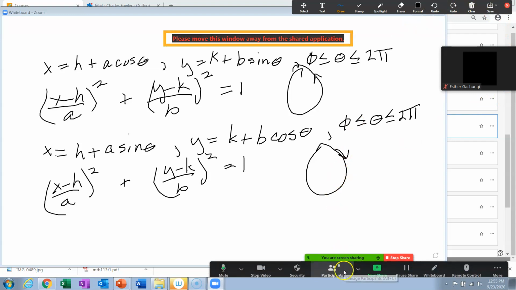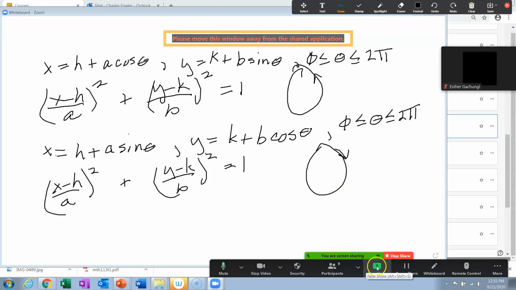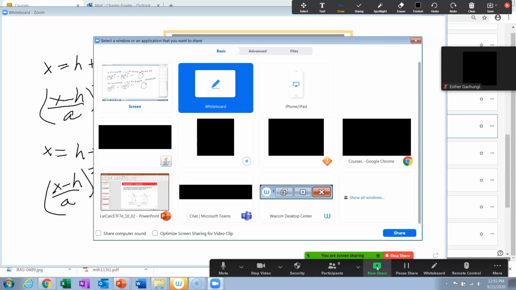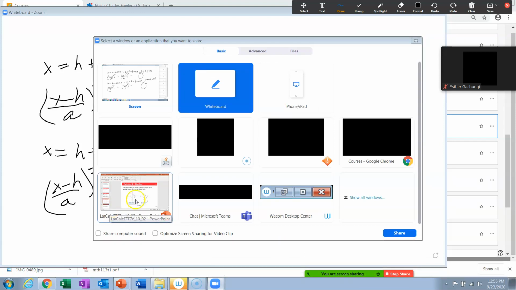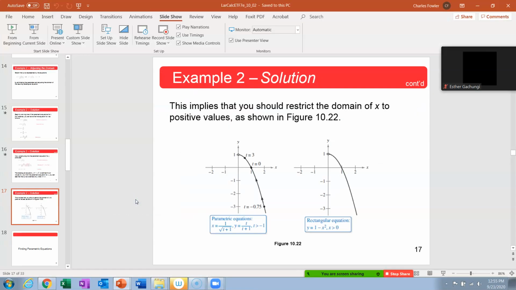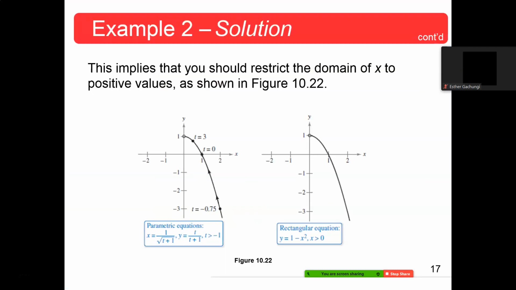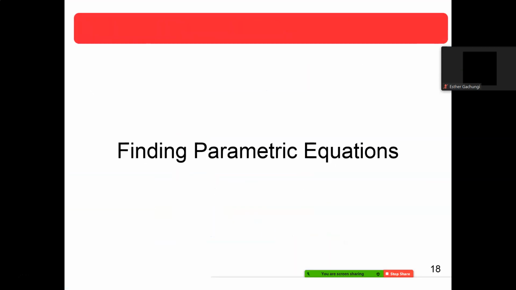Let's go into our 10.2. Okay. That was the end of example 2. We just did example 3. Let's get the slideshow set up from example 2, the end of that. Now we're going into, this is on page 704, finding parametric equations.